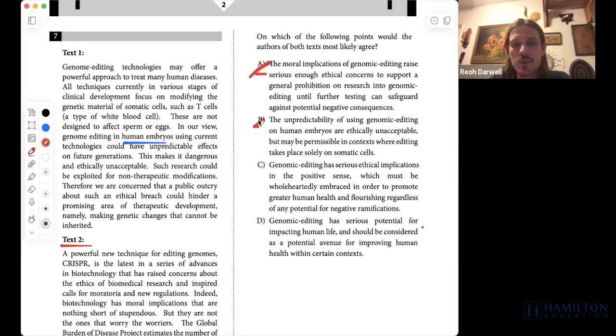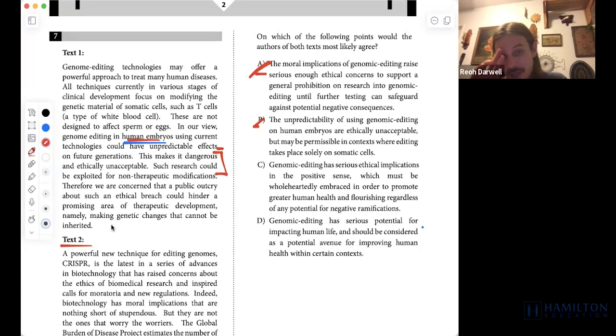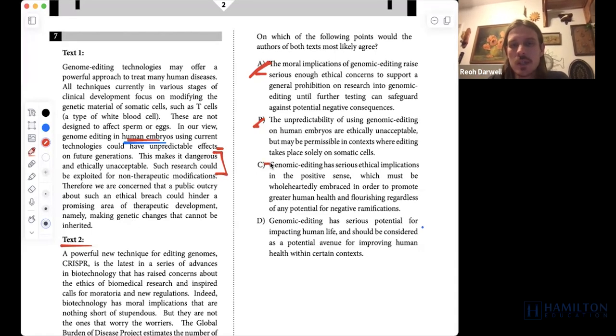However, once we really see it, you might also think they are saying in text 1 that we shouldn't do it, right? However, it's only in human embryos. They think that they should do it elsewhere, but not human embryos. So here we have an extreme distractor.